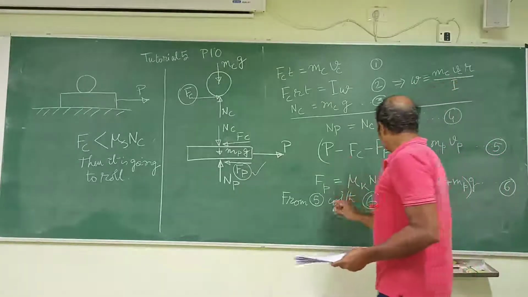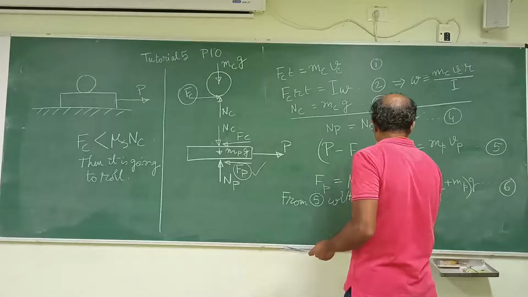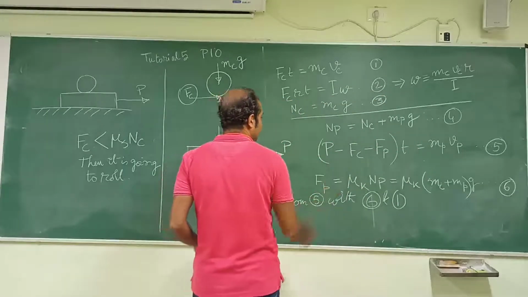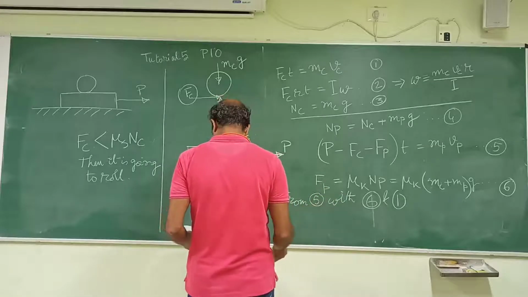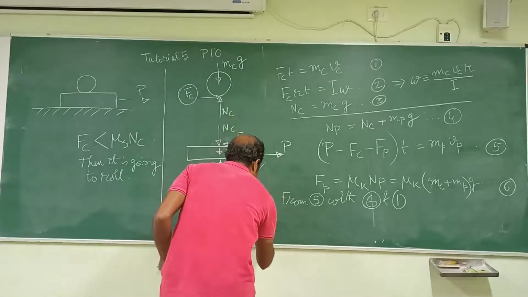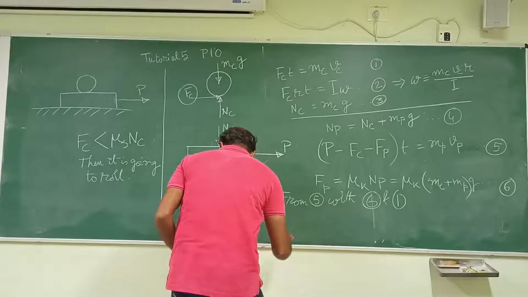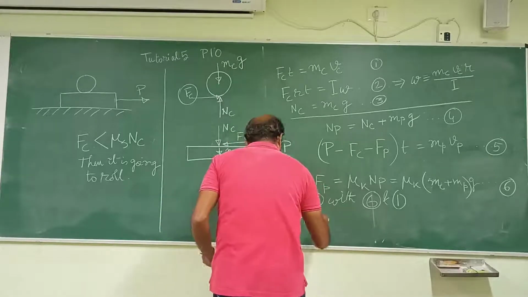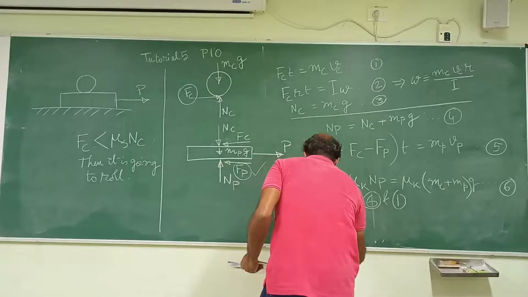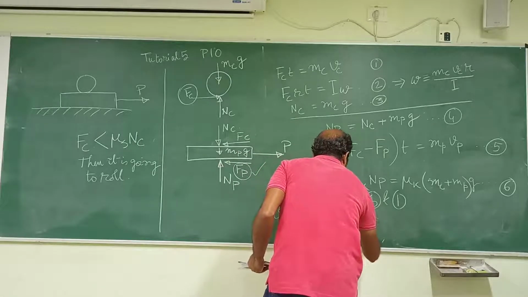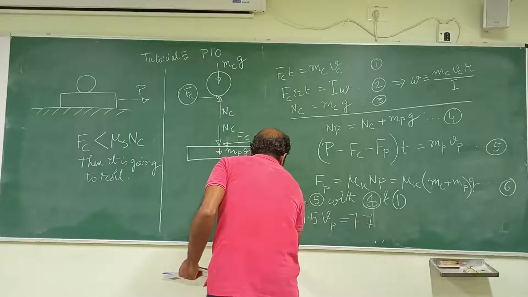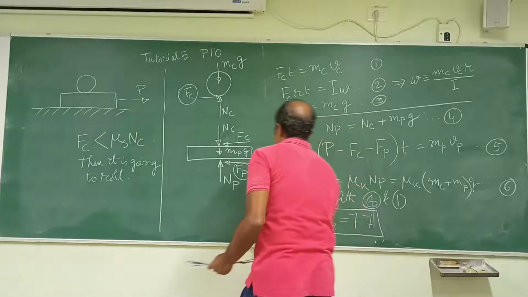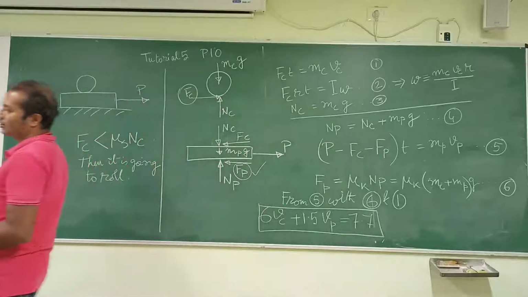So from 5 with the help of 6 and 1, putting in the numerical values of the parameters, you are going to get 6 VC plus 1.5 VP is equal to 7.7. This is true irrespective of anything, whether it is going to roll or slip.